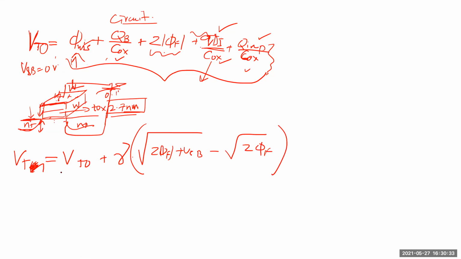Now with this equation, tell me what can you control as a designer? Yeah, VSB, exactly. That's the only thing you have under control as a designer, you can change the source voltage. And obviously in digital design, you very rarely do this. But in analog design, people actually do that.